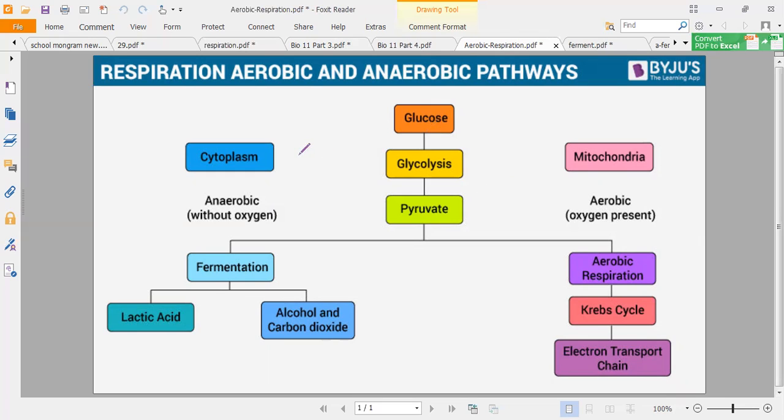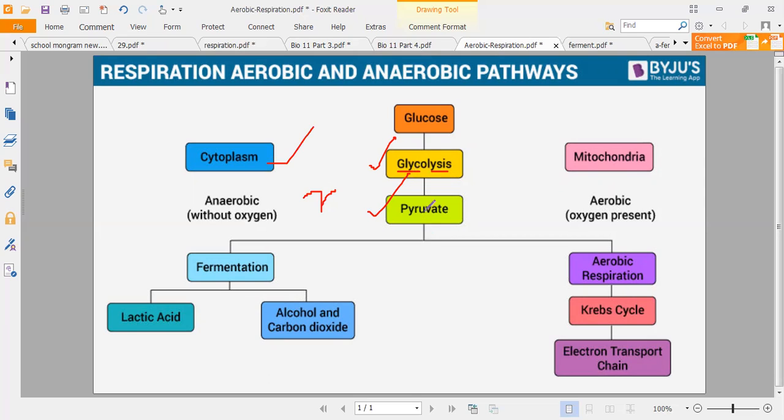If we see that cellular respiration just starts from glucose, the breakdown of glucose in the process is called glycolysis. Glyco means glucose, lysis means breakdown. So it is the breakdown of glucose to pyruvate. This all happens in cytoplasm. In the conversion of glucose to pyruvate, we just get 2 ATPs.